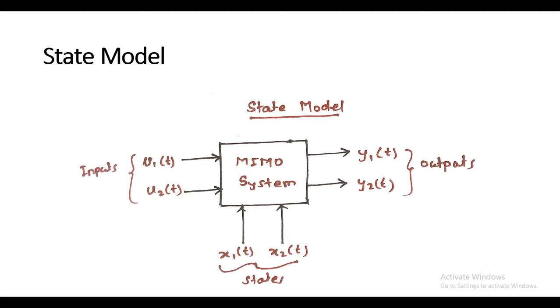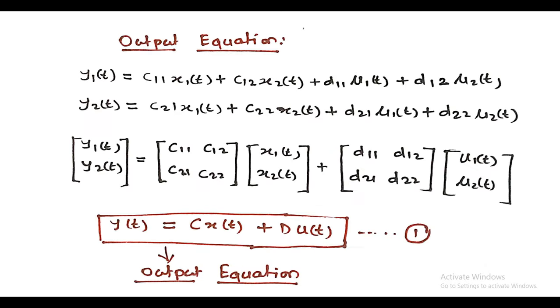So the agenda of this state model representation is to calculate the output equation first, and secondly the state equation, because we are doing state space analysis, and these two equations are very important for the analysis of a state space. Let us see the output equation first. As I have discussed earlier, we have to compute Y1(t), the first output, based upon all the state variables as well as all the inputs.